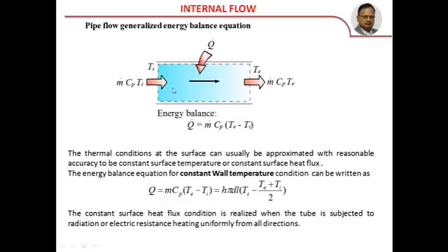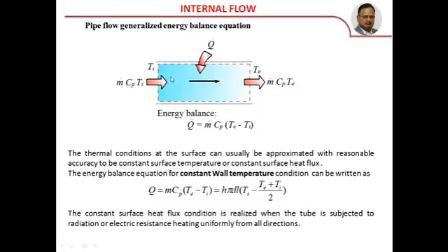Energy is supplied to the pipe from outside, heat is supplied, so temperature increases. So the heat gained by the fluid is m Cp times exit temperature minus inlet temperature. The heat gained by this fluid is nothing but due to convective heat transfer from the wall to the fluid.